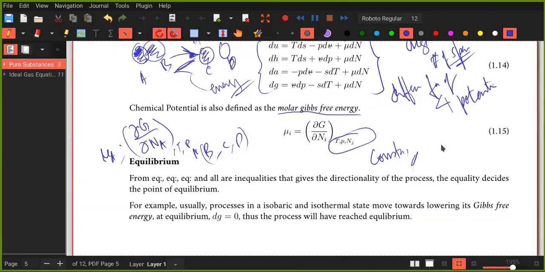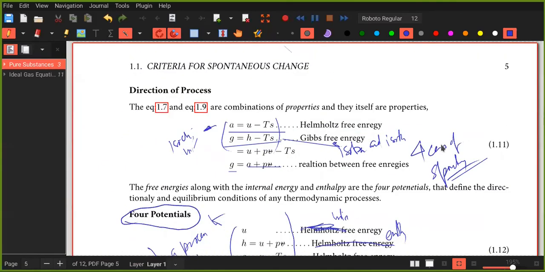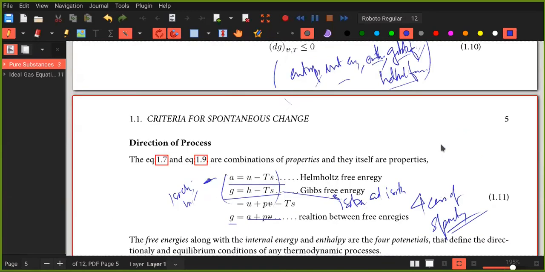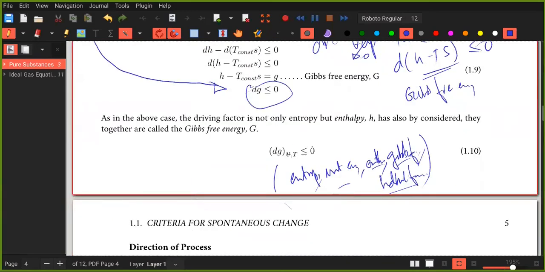We have seen the direction that a process may proceed to. That depends on the negative sign, or the inequality. It proceeds to the direction to which the potential is going to drop. So dG is going to drop, dA is going to drop, or the change in potential is negative. In those conditions, we haven't talked about the equality sign.